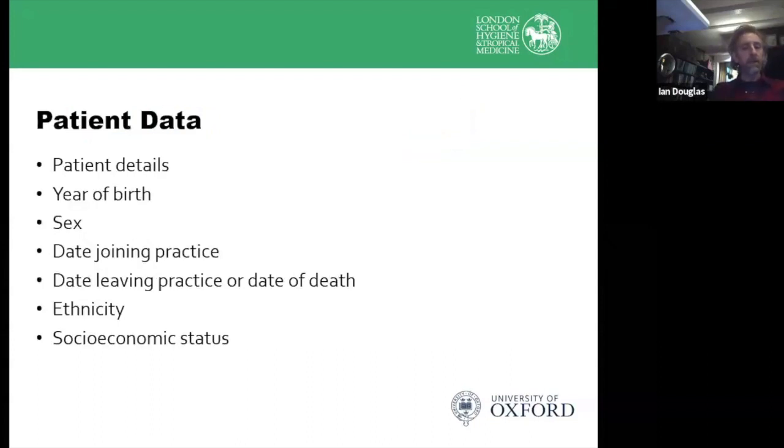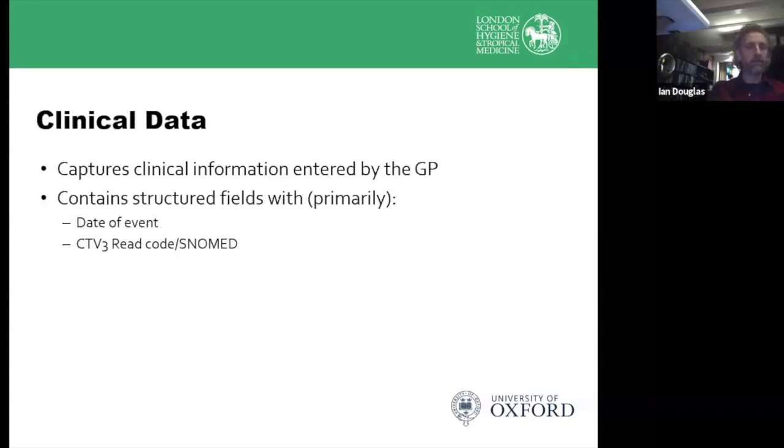So the sort of data that we want about patients are all routinely recorded in general practice. It's things like their year of birth, their sex, when they joined the practice, when they registered, when they left, or when they died, things like their ethnicity, and then also their socioeconomic status. Of course, GPs are recording a lot of clinical data about patients, and this captures anything important that's clinically relevant and that's entered by the GP.